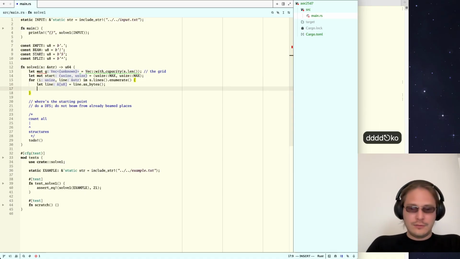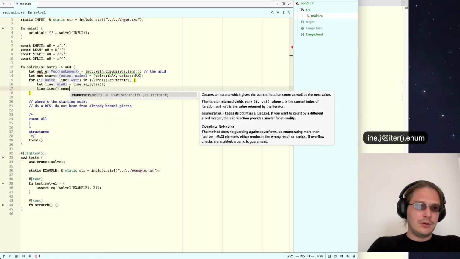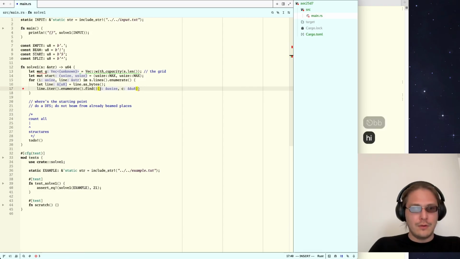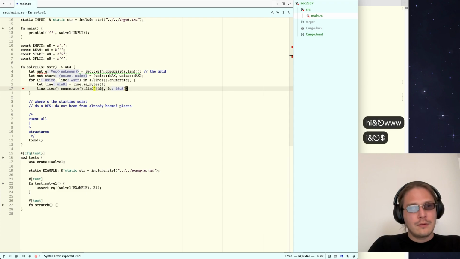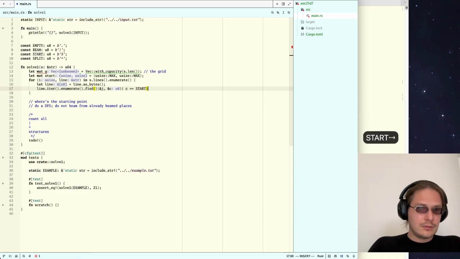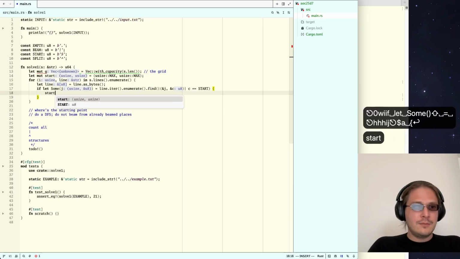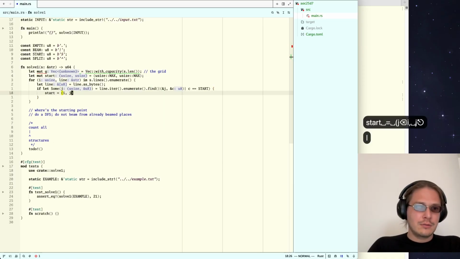Oh, do I have to do it in the stupid way, like line, iter, enumerate, find, j, c. Come on. c is equal to start, if let j, then start becomes ij, right?